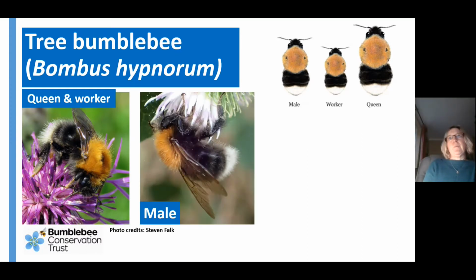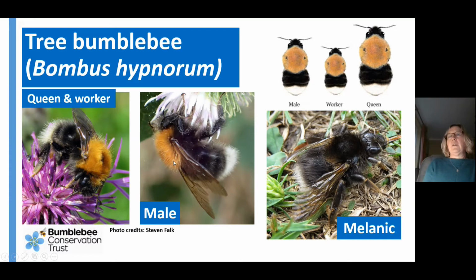And again, the males are similar, same pattern as their mothers and sisters. I should point out on this one here, you can see the beginnings of the bald patch where she's been going in and out of the nest. So you can see the black integument shining through. But we do have quite commonly in this species a melanic form where the gingery thorax is almost entirely black.